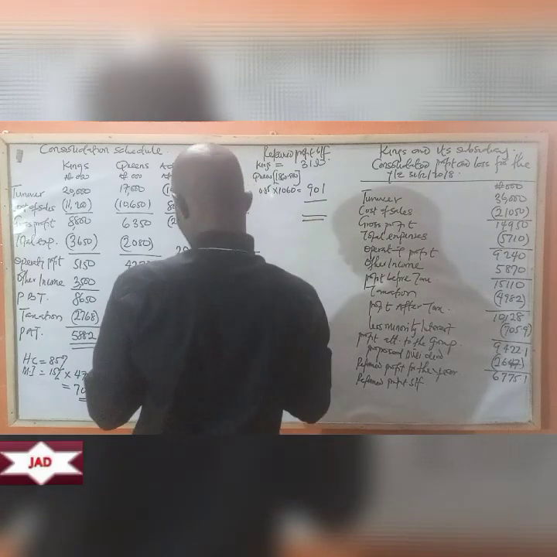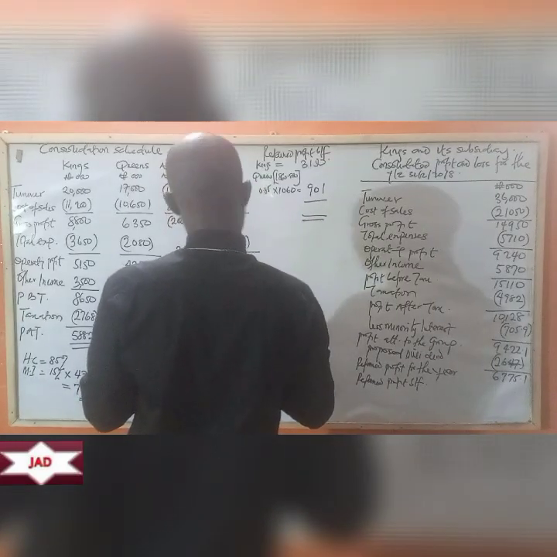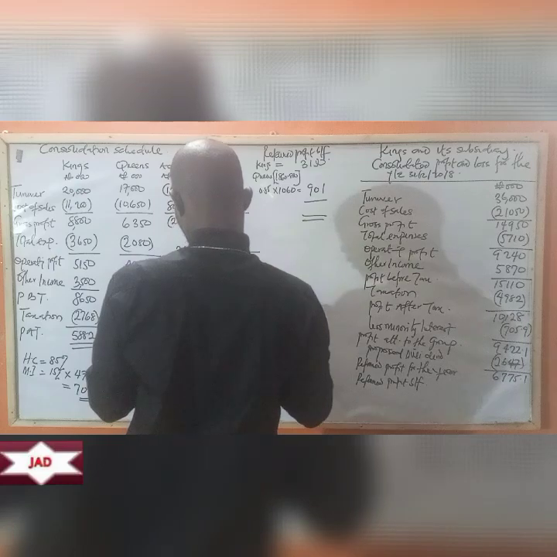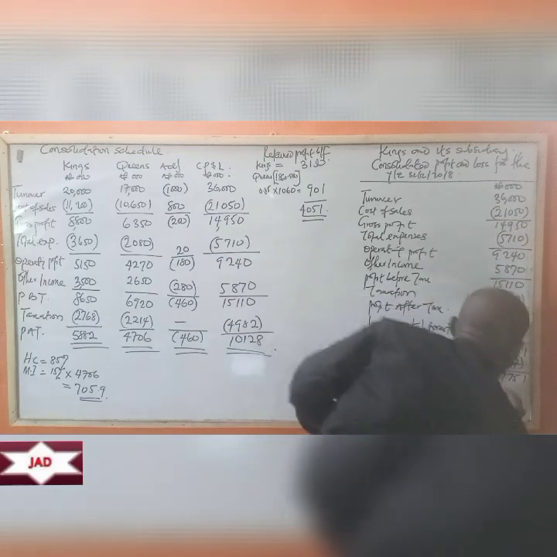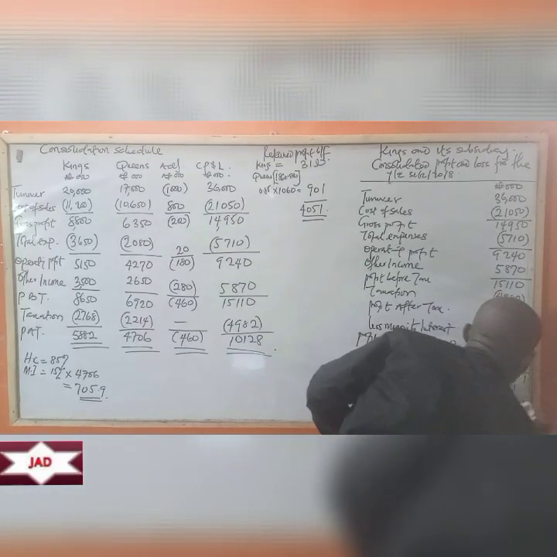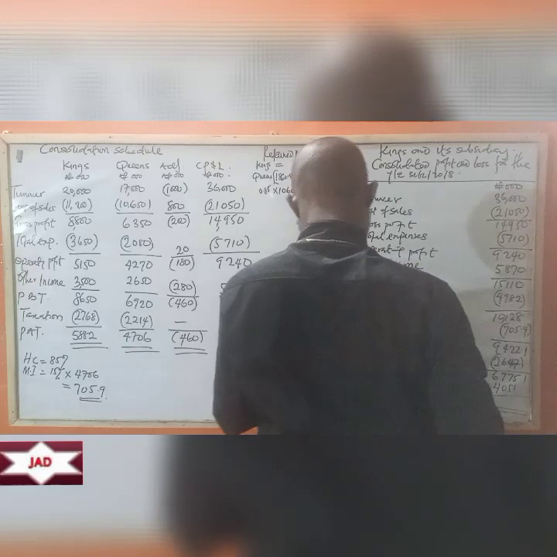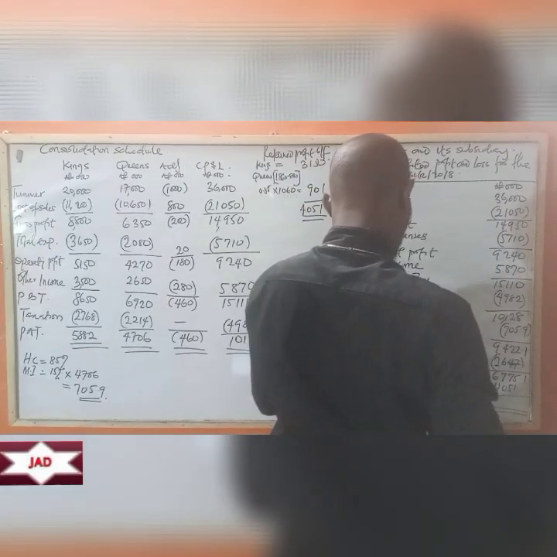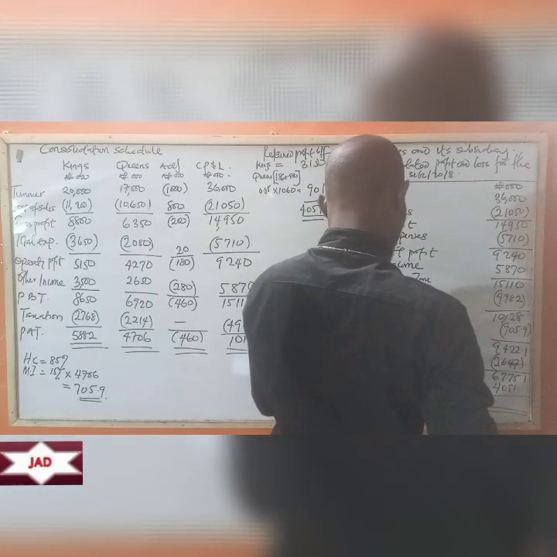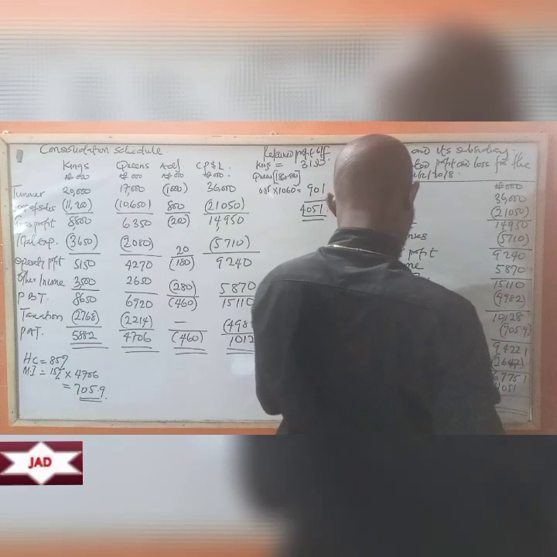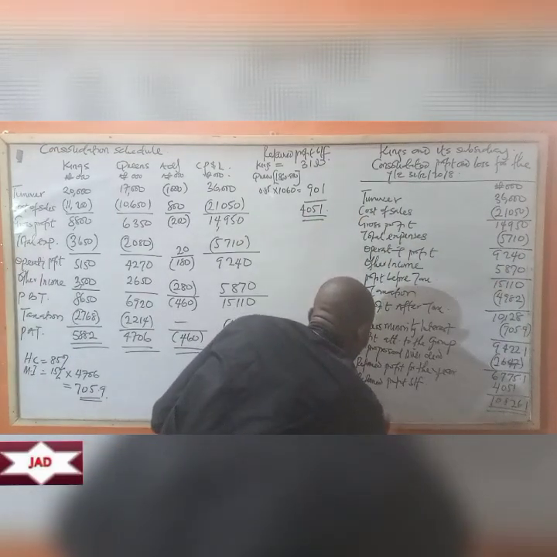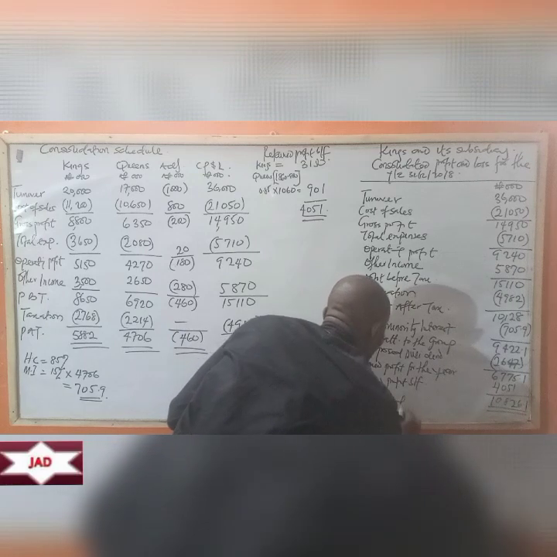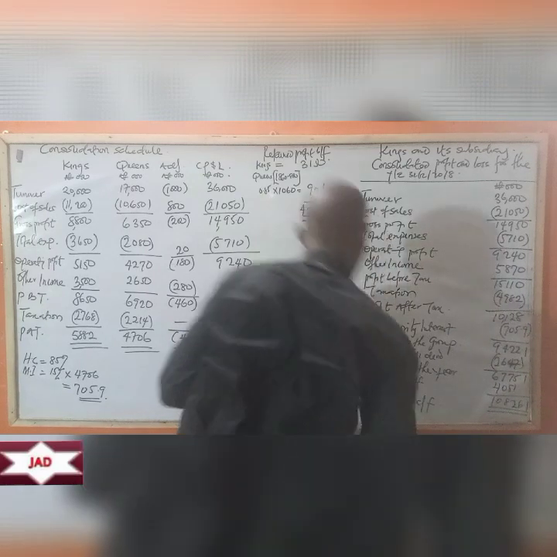So what do we have? 4051. So we take this here, 6775.1. That's 10,826.1. So this is what? Retained profit carried forward.